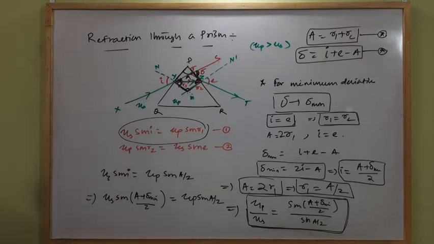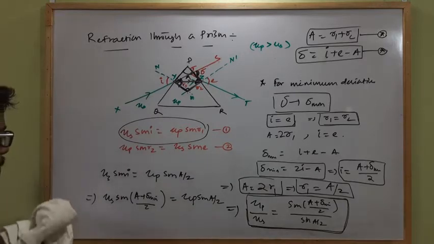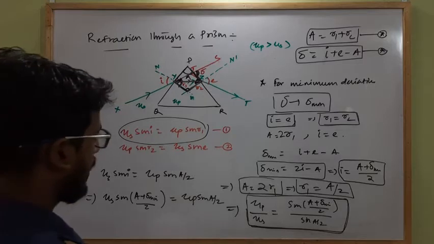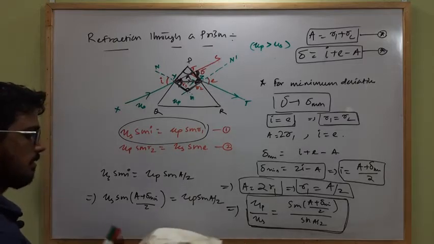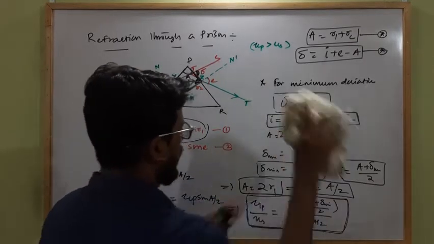So basically the graph of angle of deviation and angle of incidence. You have to remember this relation.